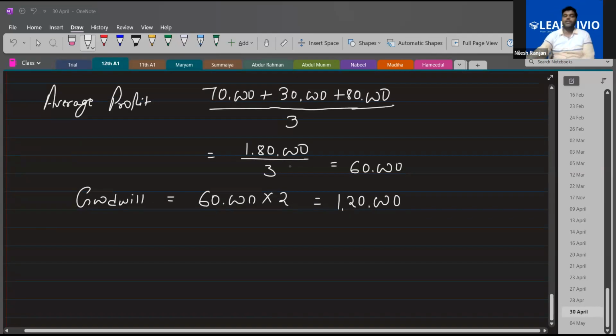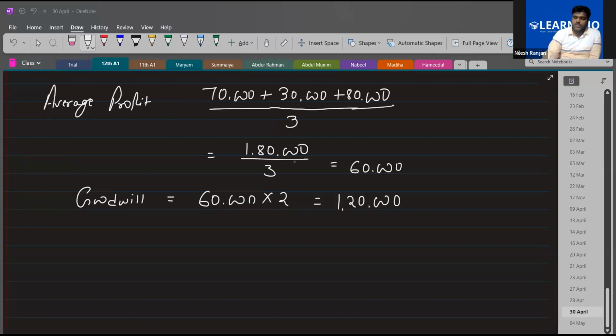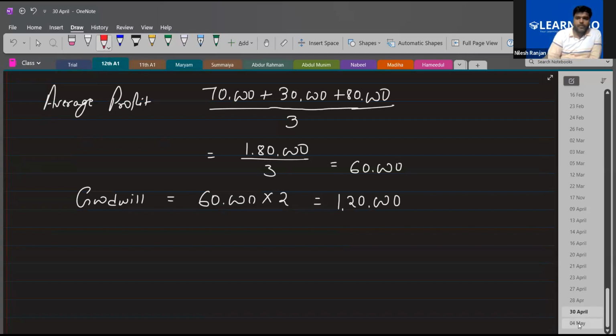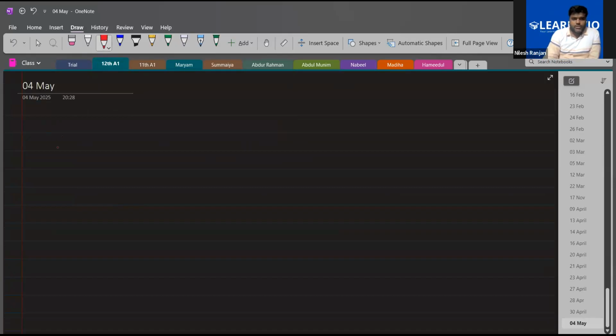So this is our goodwill. Now we will discuss the super profit method. Do you have any question in the solution that we have done? So this is the super profit method. What is super profit?